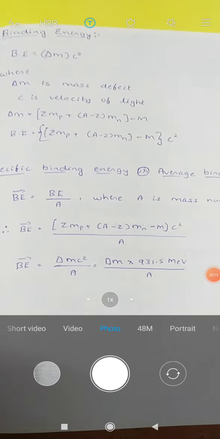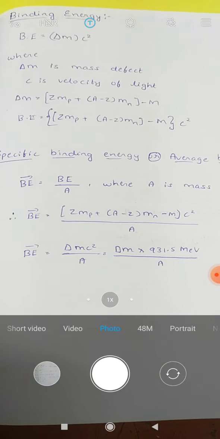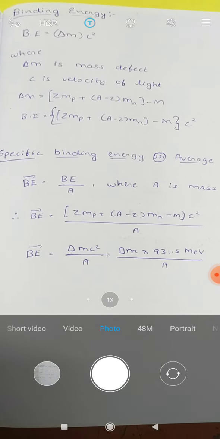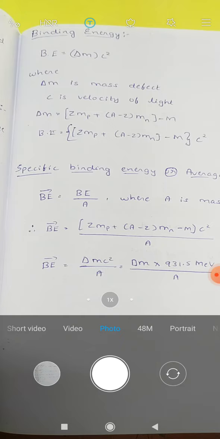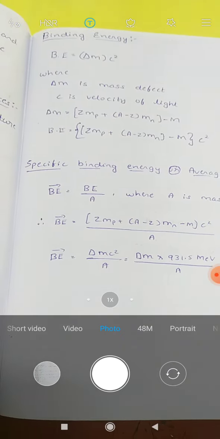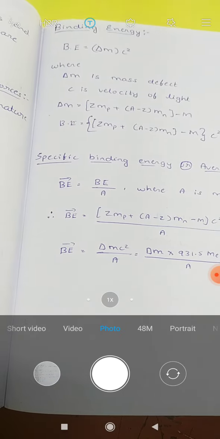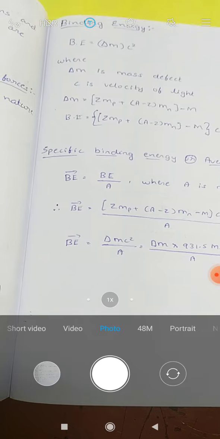Next concept, binding energy. Binding energy is the energy required to take all the nucleons in the nucleus apart so that they are completely separated. In the case of binding energy, we have to remove all the nucleons.